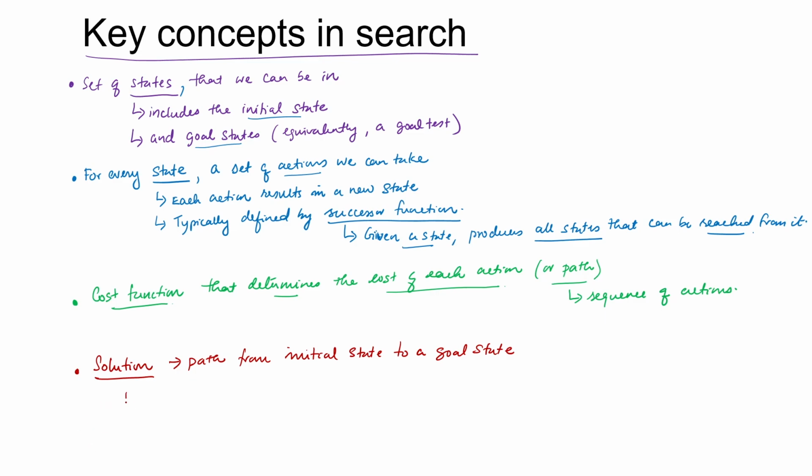Then one more thing comes out of this, the optimal solution. We know the solution, but what is an optimal solution? That is the solution with minimal cost. The path from the initial state to the goal state is what we call a solution, and whichever solution has the minimal cost is called the optimal solution.